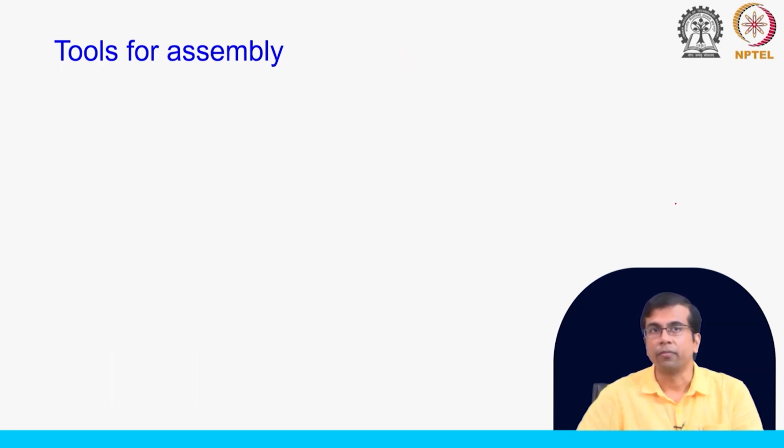Now I will mention some of the tools that you can use for assembly. We have discussed the algorithms, and these are implemented in different tools. Of course, they are based on some of these algorithms, but they take slightly different approaches, with different implementations.